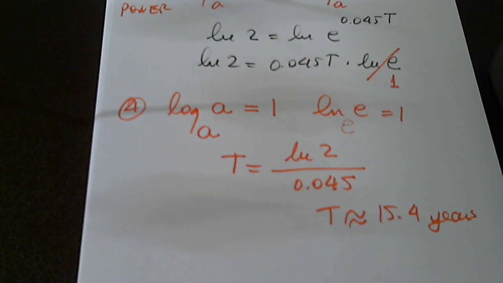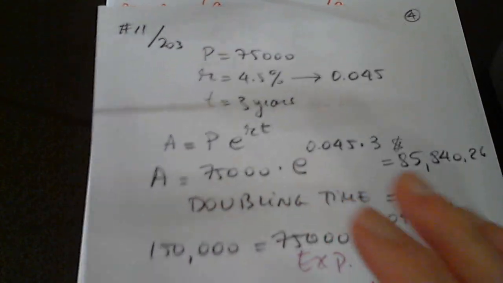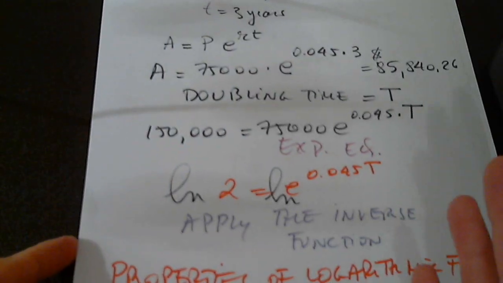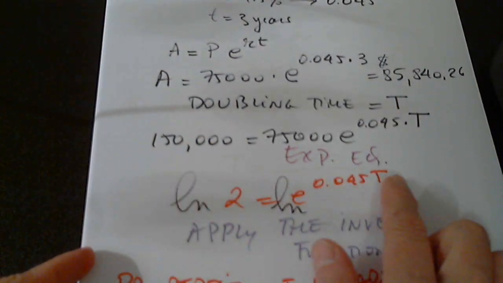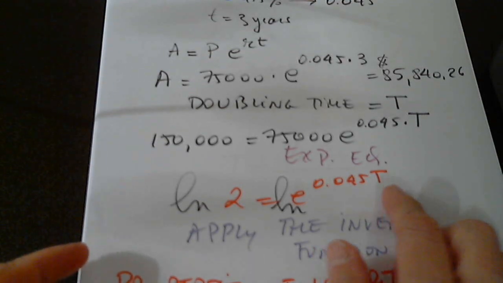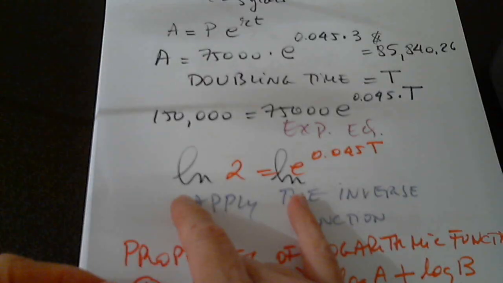So this was an example on continuously compound interest. And this was an example, the second half, the doubling time. This was an example on how to solve an exponential equation. And it was necessary to apply the inverse function. Why?